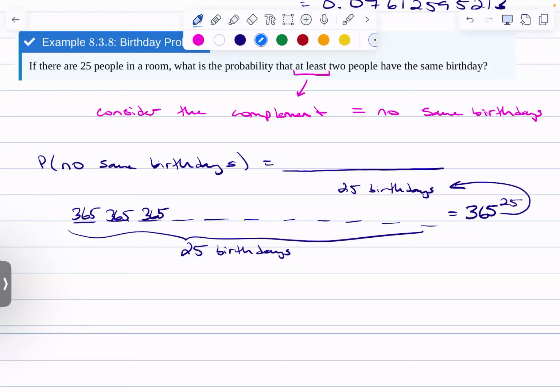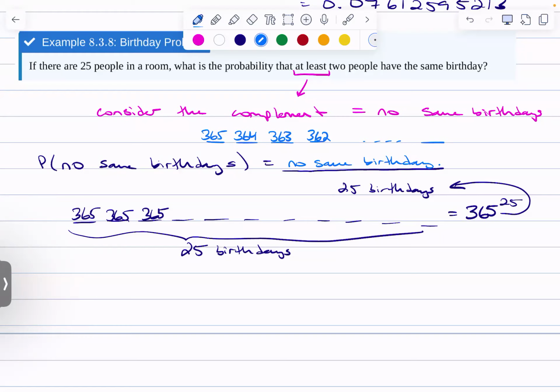What about no same birthday? In terms of our 25 slots, what would that look like? I have 365 birthdays to choose from for the first person, but then no repetition: 364, 363, 362, and so on.